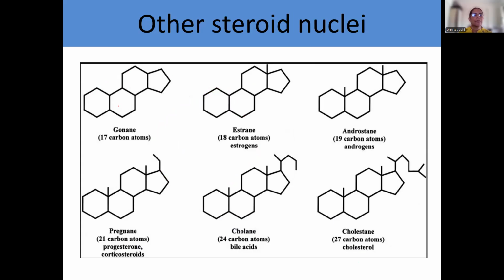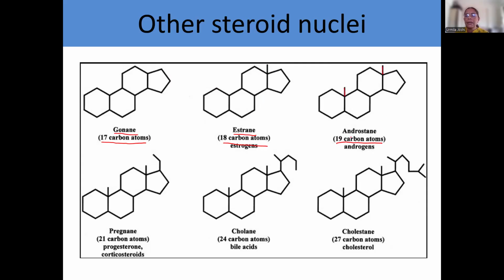cyclopentanophenanthrene structure. The C17 cyclopentanophenanthrene structure is known as gonane. If there is an angular methyl group here, then it becomes a C18 structure and it is known as estrane. Estrogens form a part of this structure. Then comes the C19 structure, where there are two angular methyl groups.